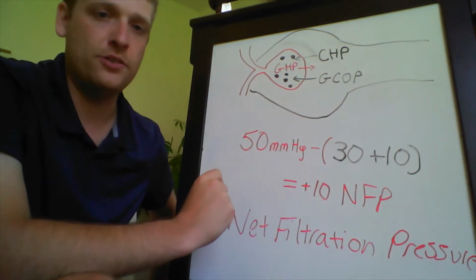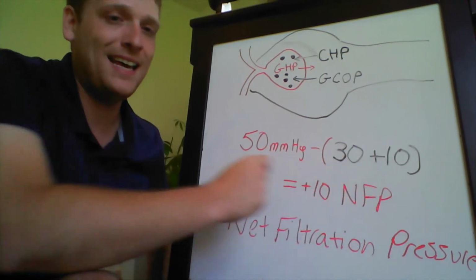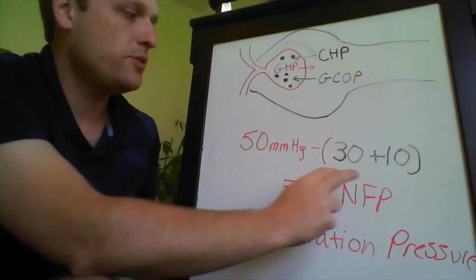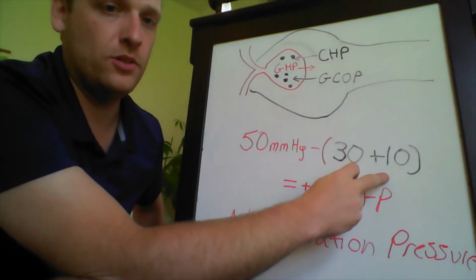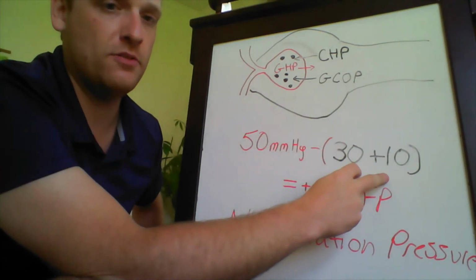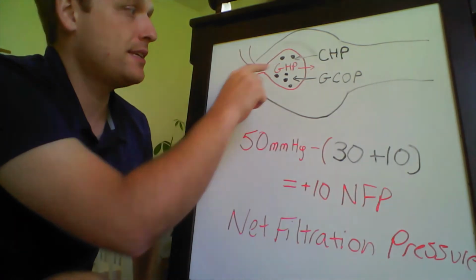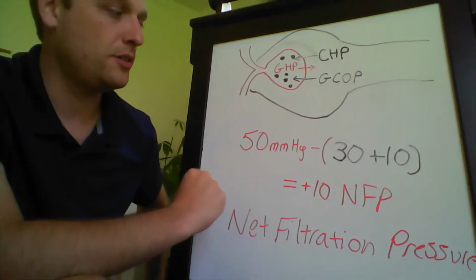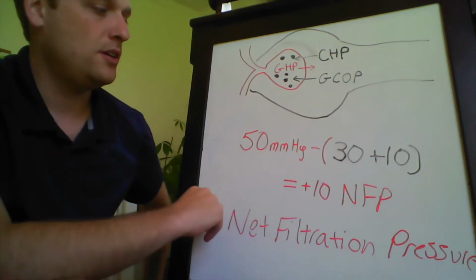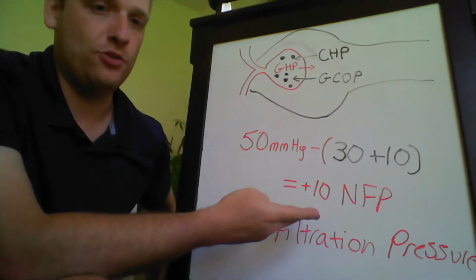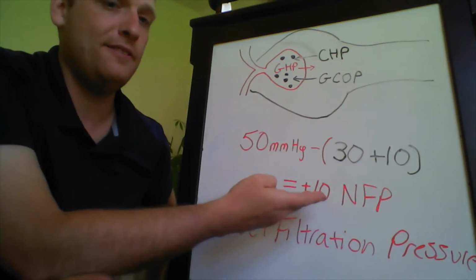The capsular hydrostatic pressure is going to be equal to about 10 millimeters of mercury. So if you combine these two, you'll see there are 40 millimeters of mercury of pressure opposing this glomerular hydrostatic pressure. And if you subtract those, you get the net filtration pressure, which is positive 10.